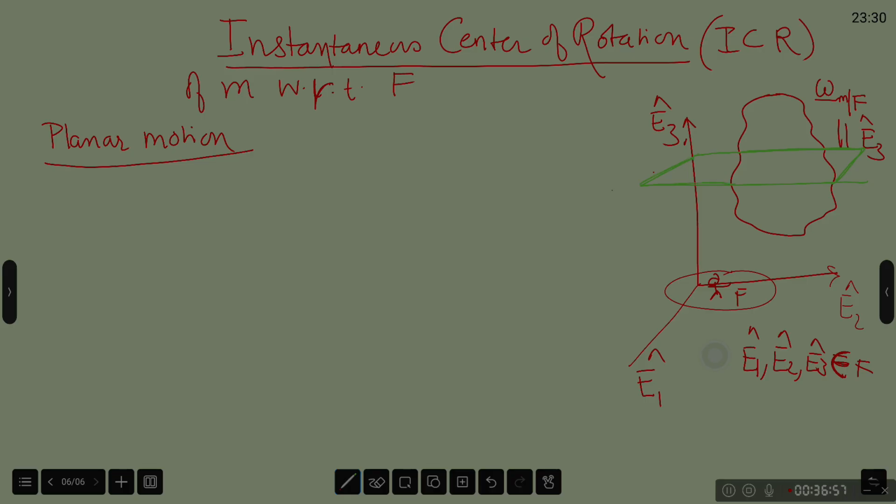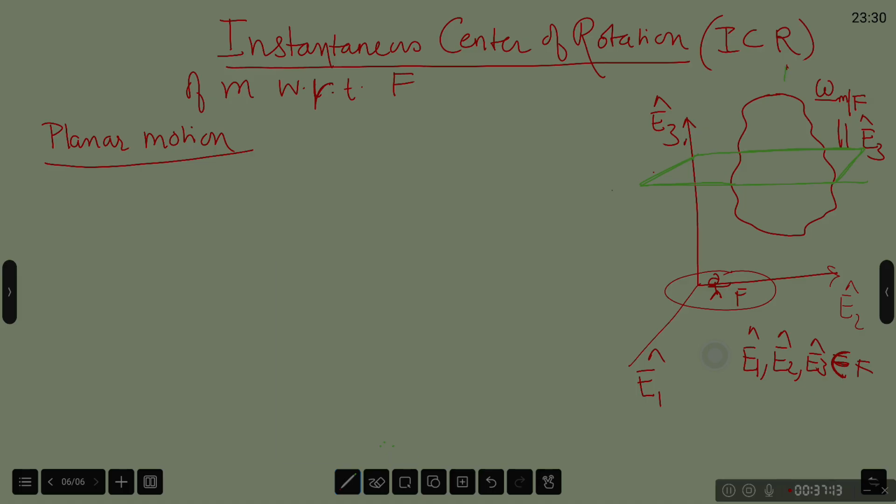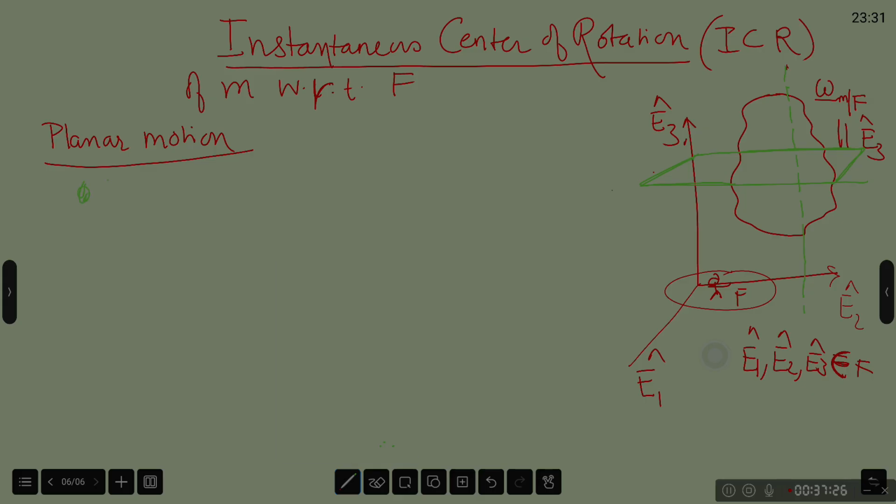And then suppose we know somehow what is the instantaneous axis of rotation. Suppose this is the instantaneous axis of rotation, and it will turn out to be, for such a planar motion, parallel to omega mf. It has to be. It will exist and it will be parallel to omega mf.